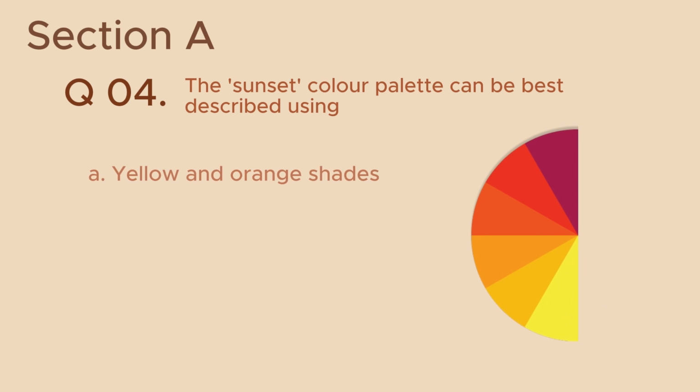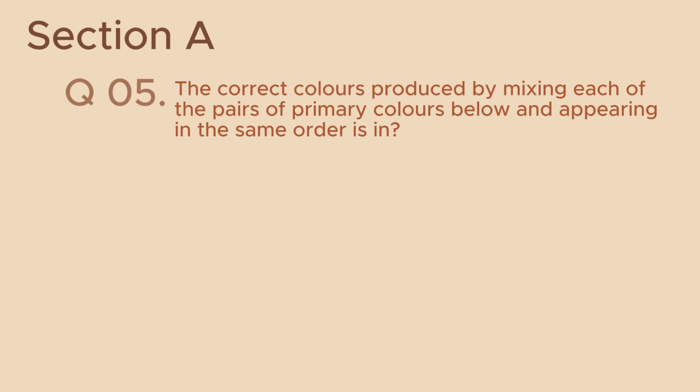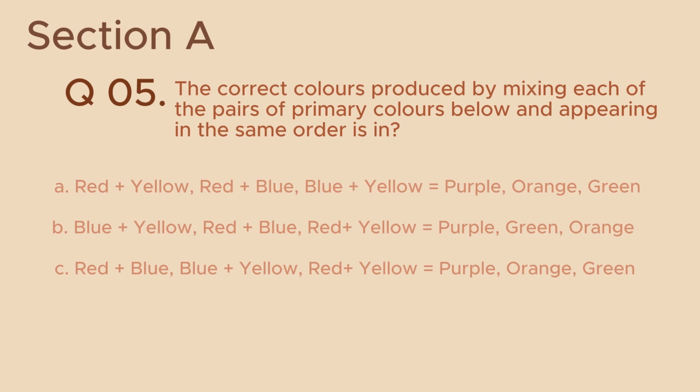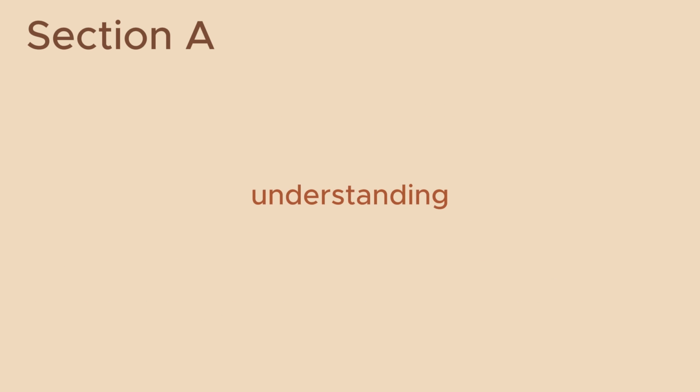The answer to this question is option A, yellow and orange shades. The next question asks for secondary colors that are derived by mixing of pairs of primary colors. The answer to this question is option D.